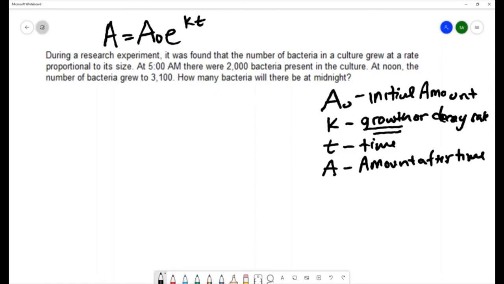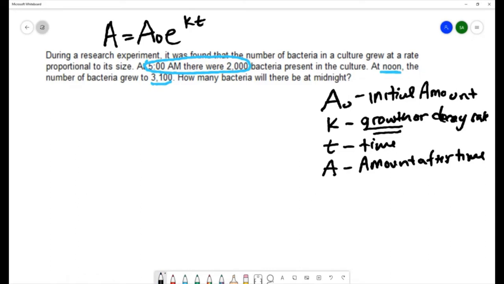So we need to find the growth rate. With the information that was given here, at 5 a.m., there were 2,000 bacteria, and then at noon, we have 3,100.